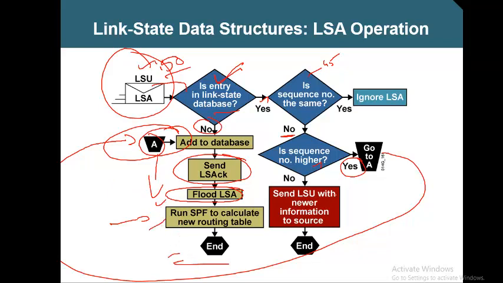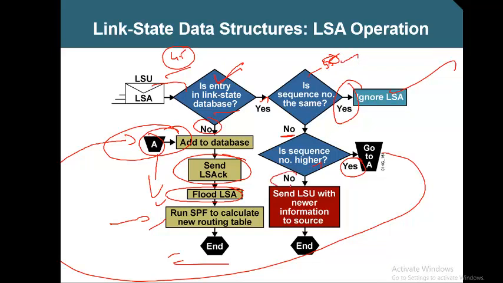In case the sequence number is the same, which means I already have the update, let's say I also have 50 and the incoming is 50, then ignore it. In case the sequence number that I have is higher, say the incoming is 45, what I have is already an updated one.